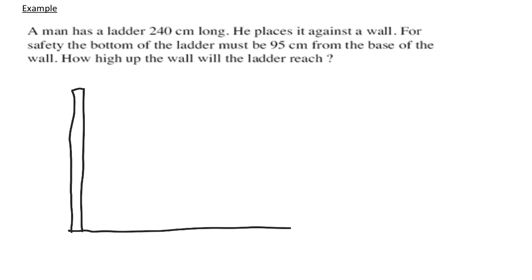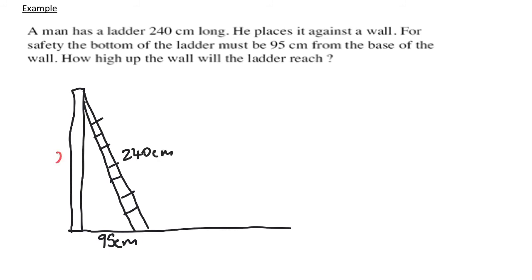And we've got a ladder, which is 240 centimeters long. It's going to rest against the wall. And the base must be 95 centimeters away from the wall. And the ladder itself was 240 centimeters. And we want to find the height, which is the unknown. And the wall was perpendicular to the ground.